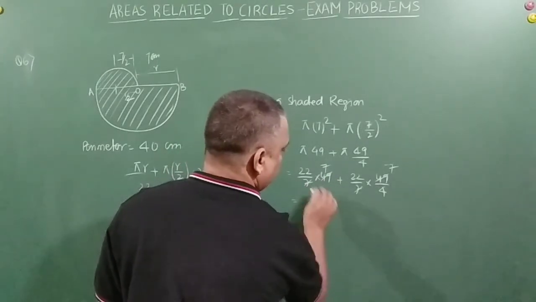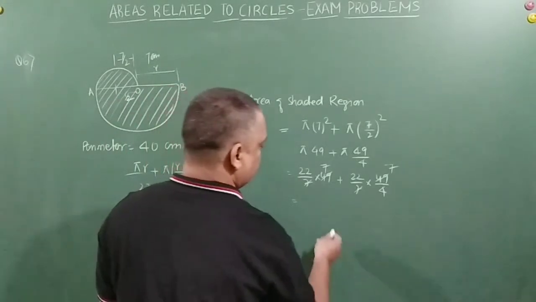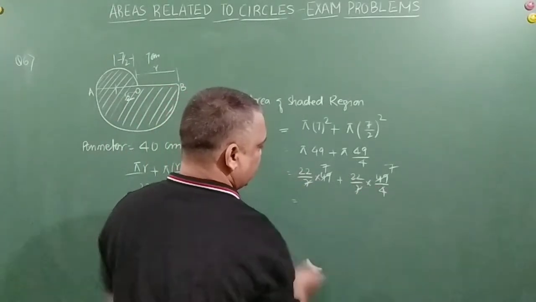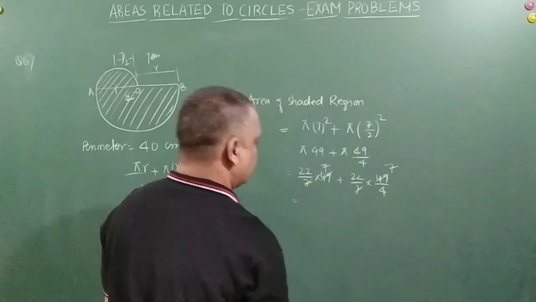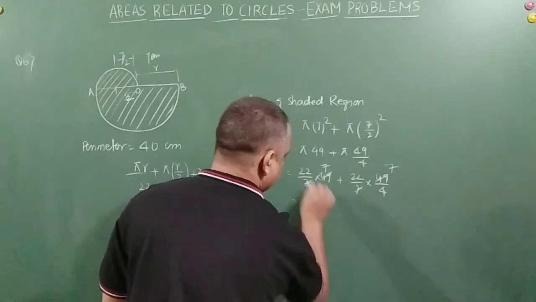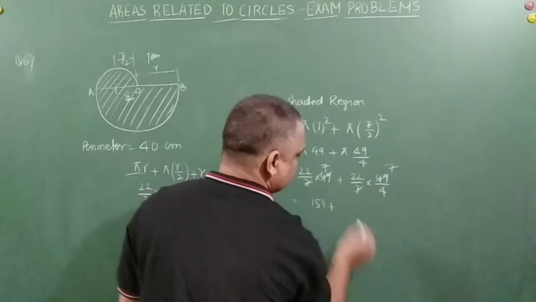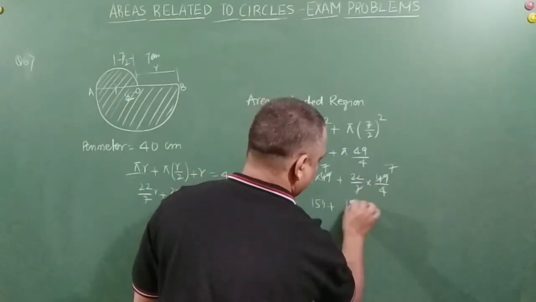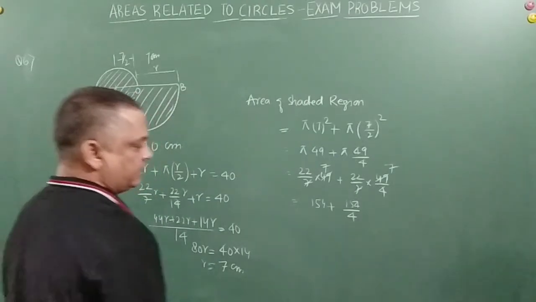This is 22 into 7 and anything else that we can actually do here? No. So, okay, no problem, 154, right? Plus this is 154 by 4, correct, right?